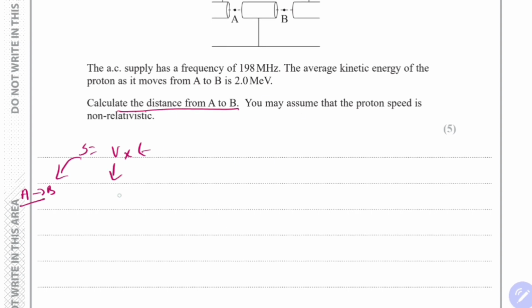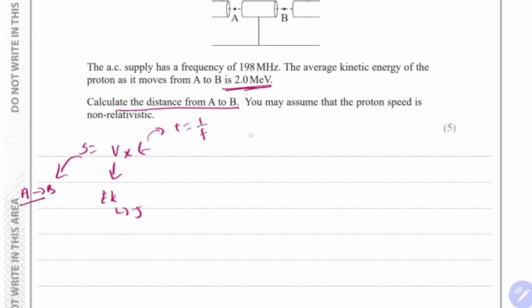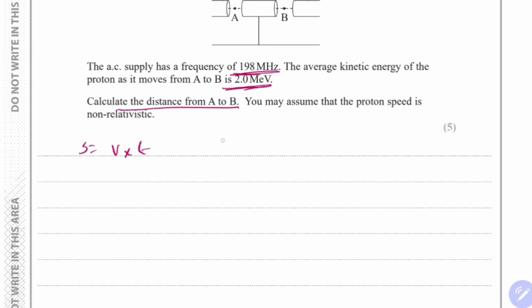For v, we use the kinetic energy, because we can convert this into joules. And for time, we can use T equal to 1 by f because we have frequency here. First of all, we're going to find v.